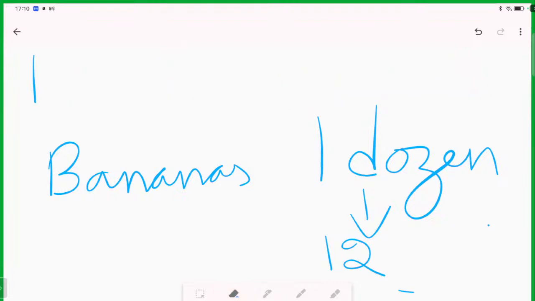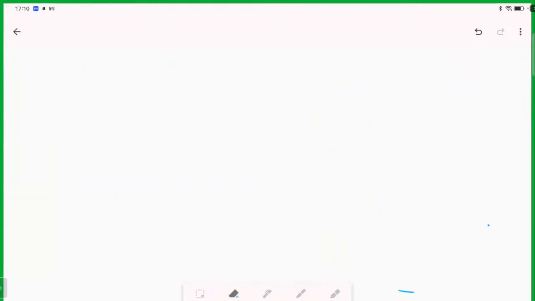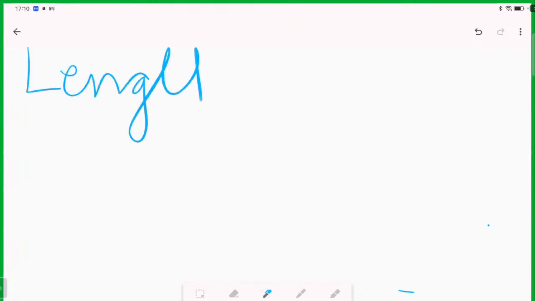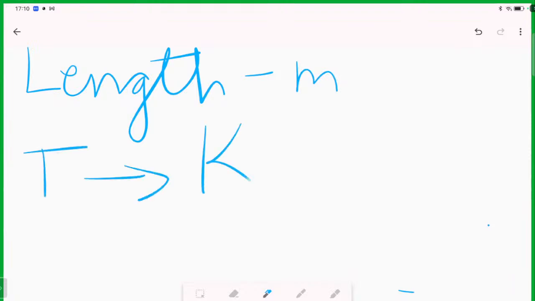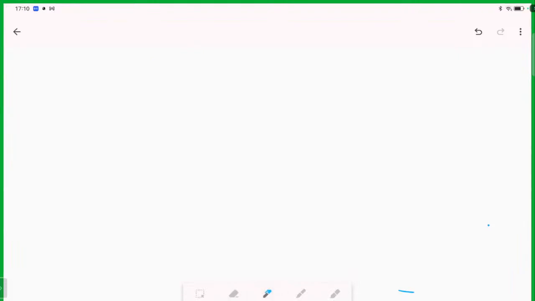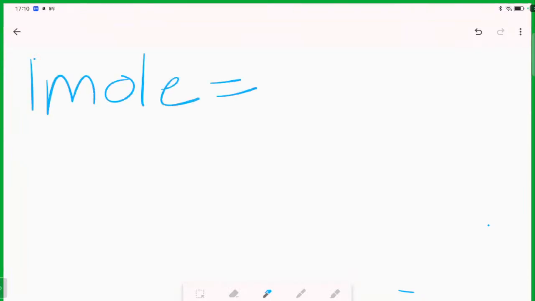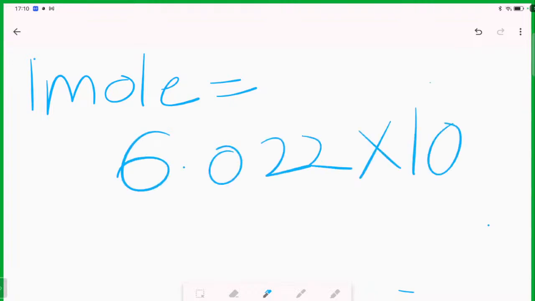Before that, let me tell you. For example, लेंथ को मेजर करते हैं हम ऐसा यूनिट्स में देखा जाए तो मीटर्स में, राइट? टेम्परेचर को मेजर करते हैं हम केल्विन में. सिमिलरली मॉलिक्यूल्स को नंबर ऑफ एटम्स में मेजर करते हैं. सो जैसे अभी हमने बात किया कि जो हमारा 1 डजन 12 को रिप्रेजेंट करता है, सिमिलरली 1 मोल रिप्रेजेंट करता है 6.022 into 10 power 23.